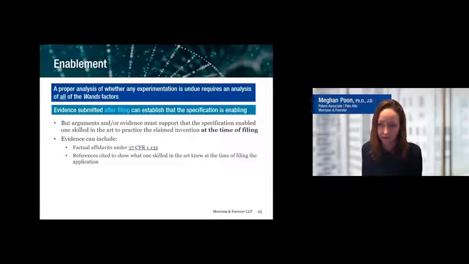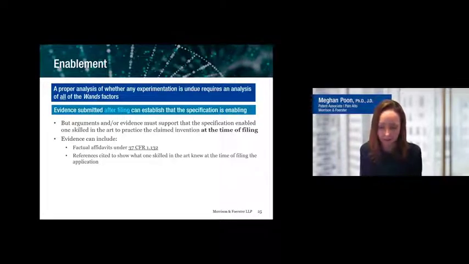So in other words, you can say, I used the methods that were available when the application was filed, but after, and here, voila, I've shown it worked. And this is available under the United States, and we do this from time to time for our clients. One big caveat here, though, is, again, this is a very US specific rule, and in many countries, you are not allowed to use post-filing evidence to show that your claims are enabled.